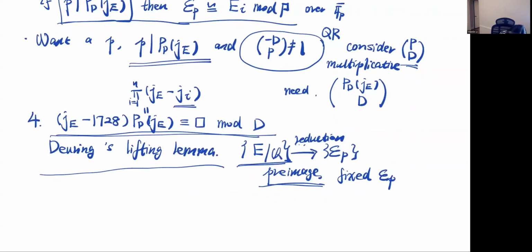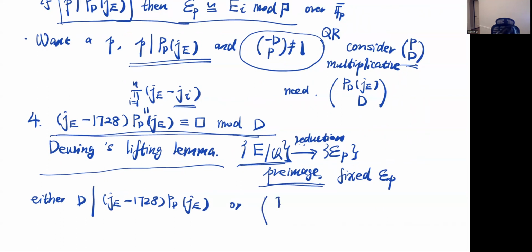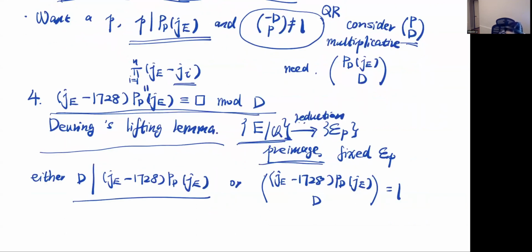So then this means that either D divides J(E) minus 1728 times the numerator of J(E), or if it does not, then J(E) minus 1728 times the numerator of J(E) over D is 1, right? It's a square, so either D divides it or it is 1.